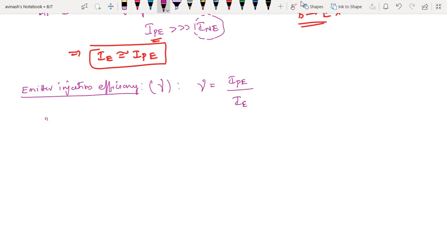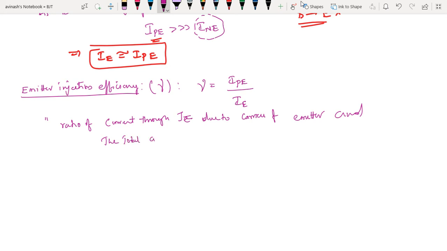You can even write here, it is the ratio of the current through the emitter junction due to the carriers of the emitter and the total current through the emitter junction.